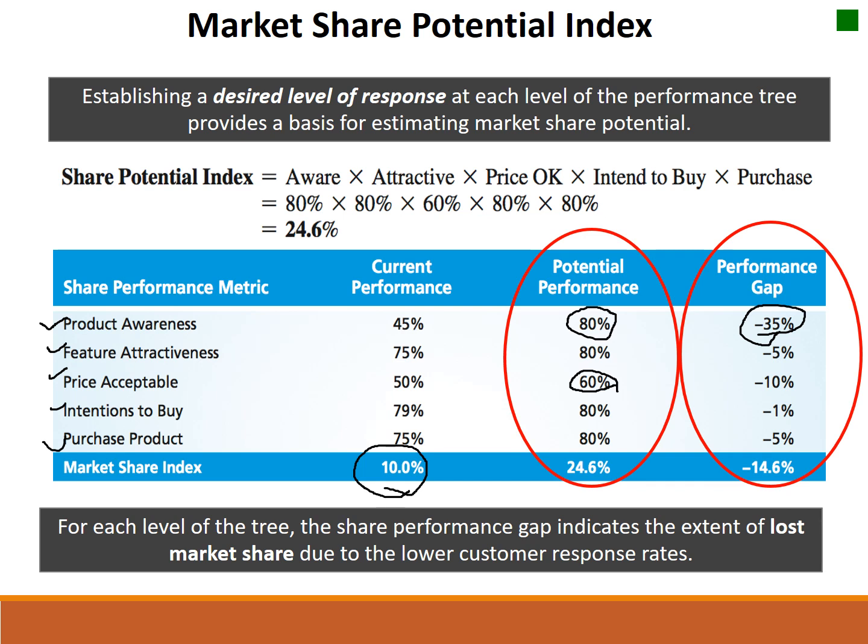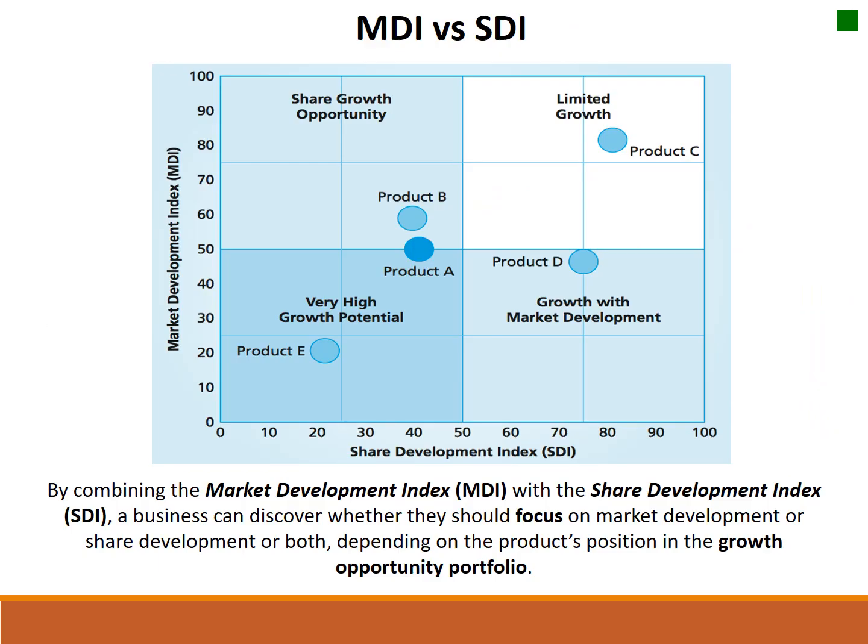So now, breaking this down and looking at the market share potential, we really like to focus on how we can make managerial changes that will most influence market share at the end of the day. Bringing this all together, we have an opportunity to look at the market development and the market share aspects of our industry.